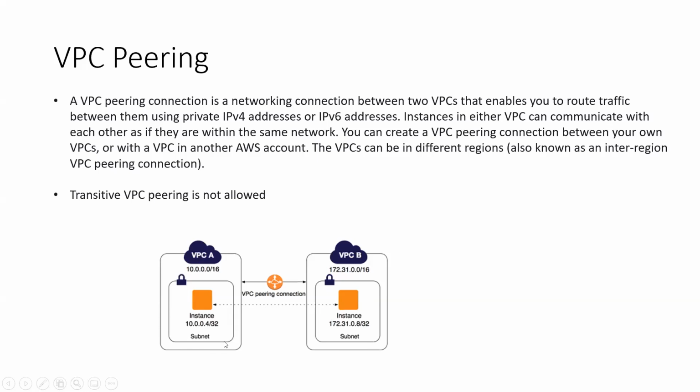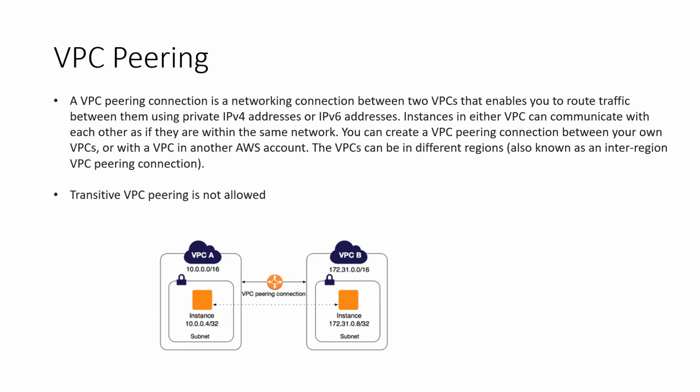But here I'm able to log in and administer all these instances in VPC B also. So if you deal with very tightly coupled vendors, and you want to expose all of your resources to them, if you want to administer their resources and let them administer your resources, then VPC peering is one option.